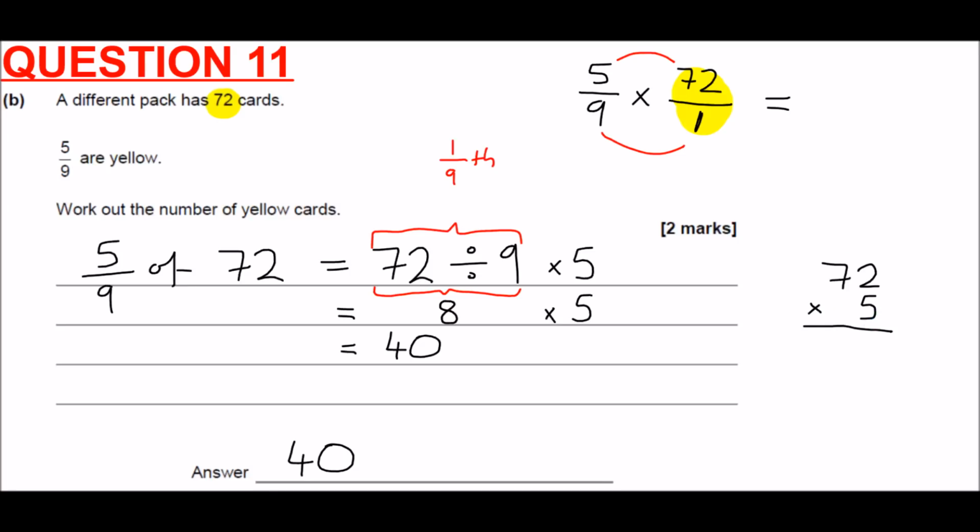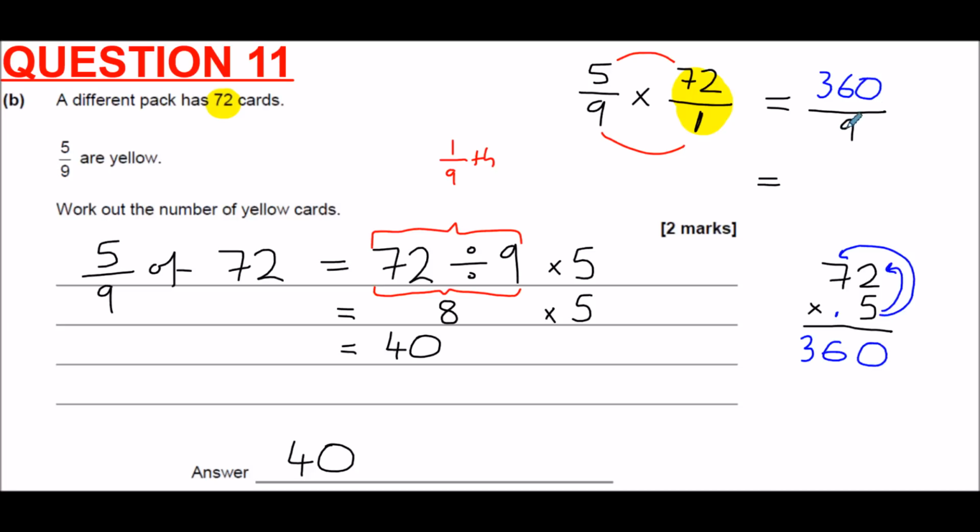So 5 times 2 is 10. Carry the 1. And the next one, 5 times 7 is 35, plus the one we just carried is 36, so 360. And so 5 times 72 is 360. And 9 times 1 is 9.